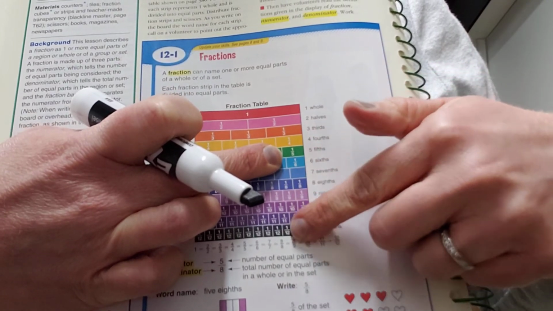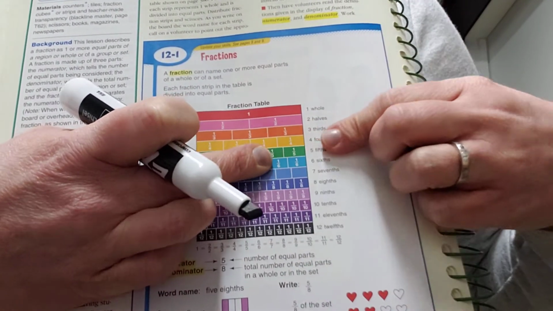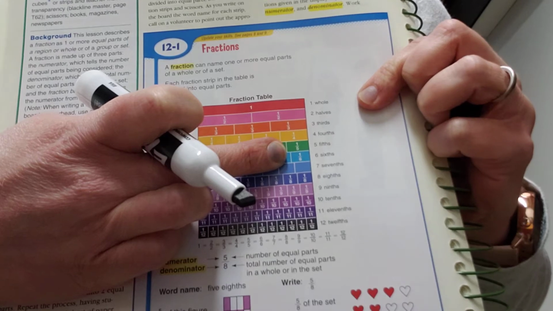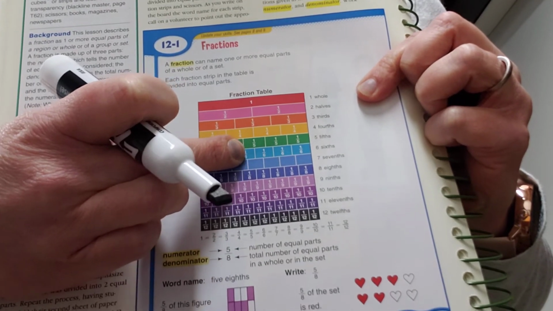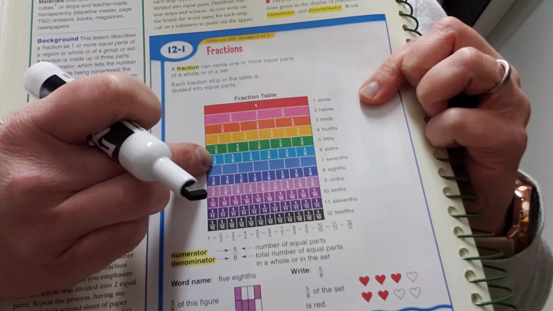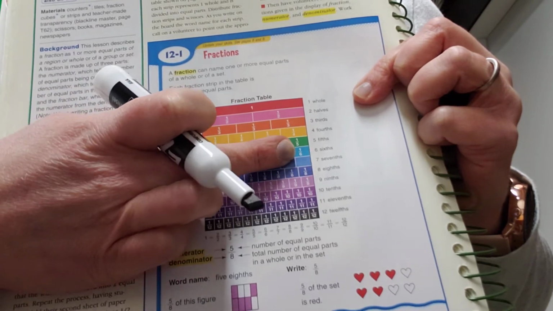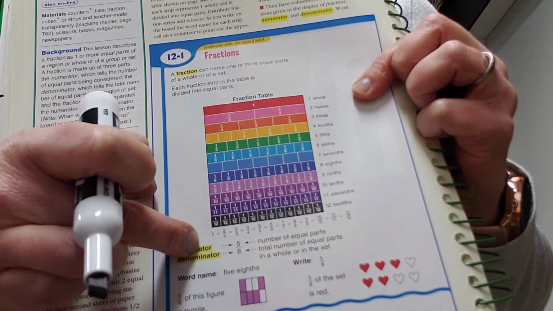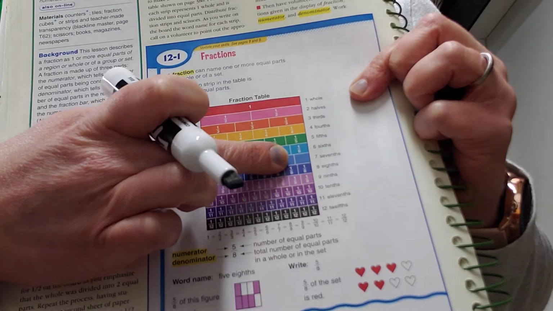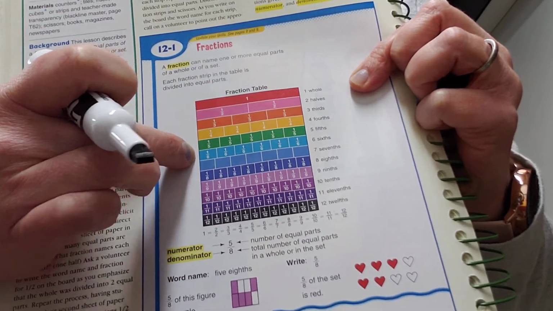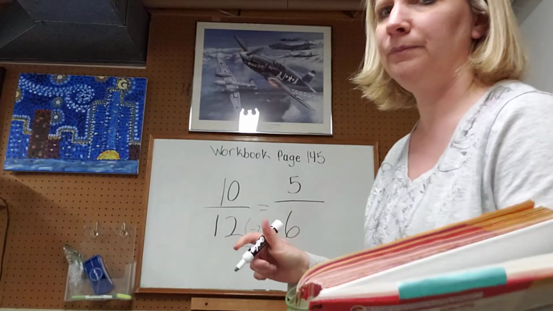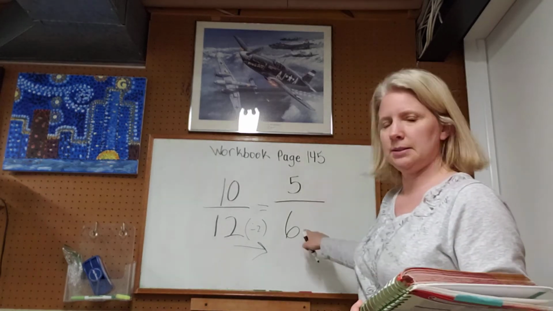This is the one that we didn't have. These are the ones on this side that we did have. So you count over: 1, 2, 3, 4, 5. We had 5 out of 6, and we also had 10 out of 12. So you just follow it up, and that was our answer up here: 5 out of 6.